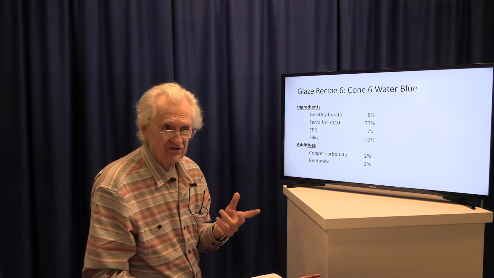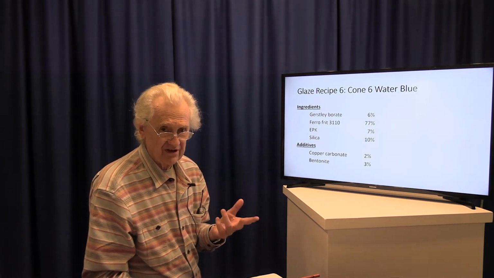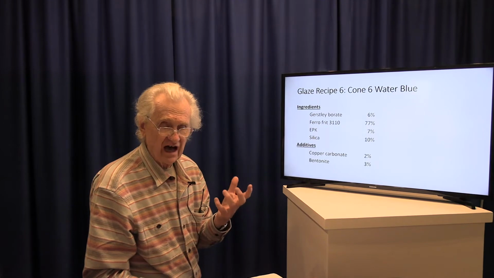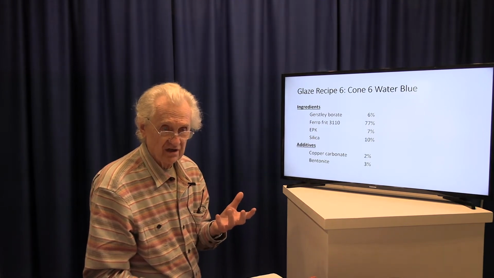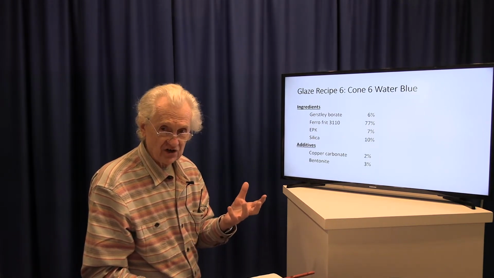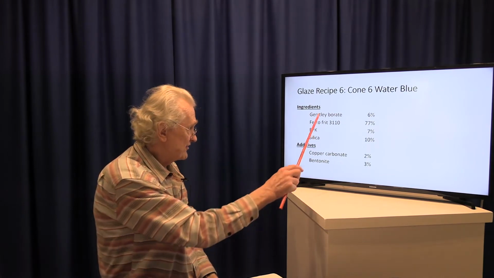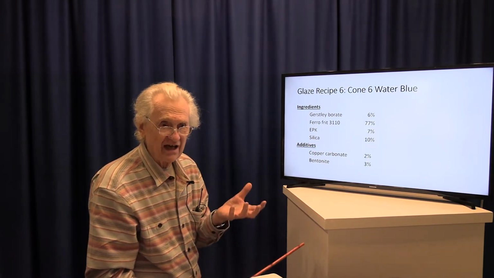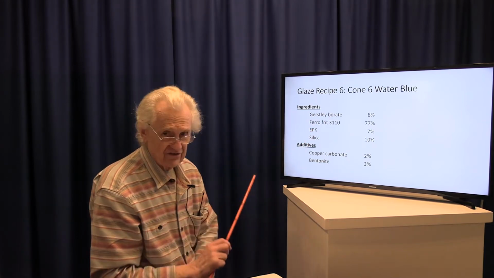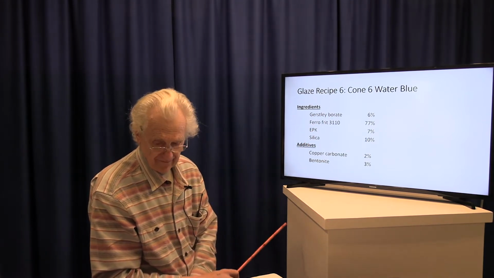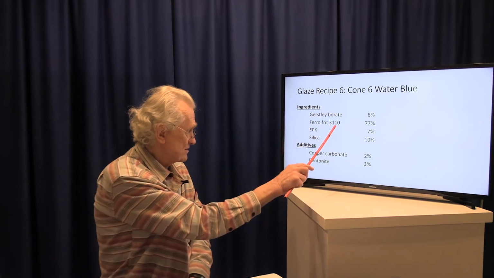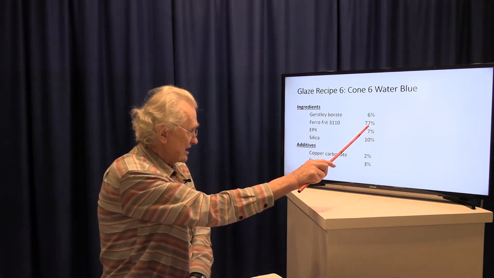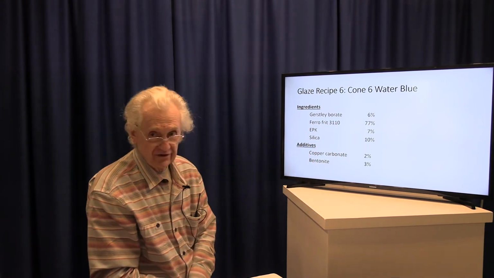And when you have a lot of sodium in a glaze or a lot of potassium, they make the glaze have a high coefficient of expansion, which means that when it cools down, it's going to shrink a lot. So with this amount of 3110, this glaze is going to want to contract a lot when it cools, and I almost guarantee that this glaze is going to craze a lot. Just by looking at the huge amount of sodium, it's probably going to craze.